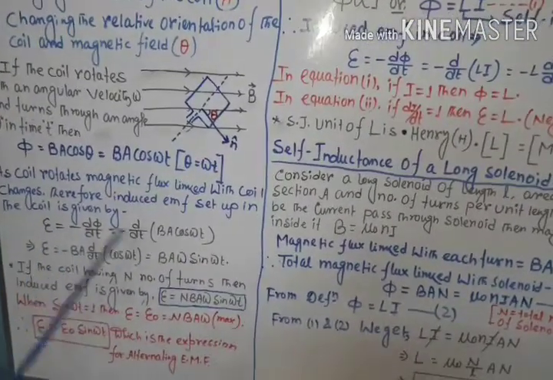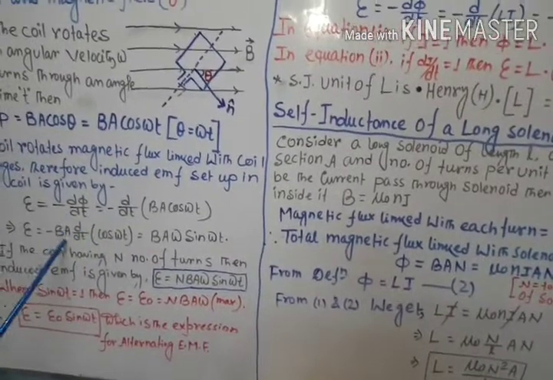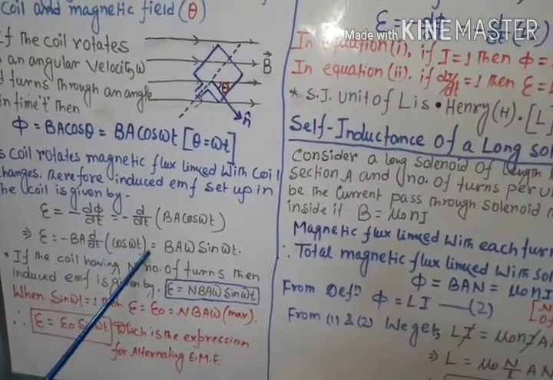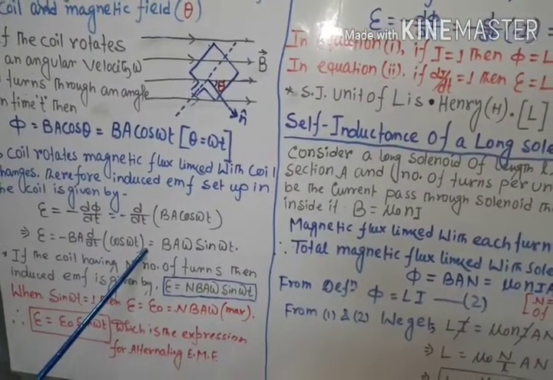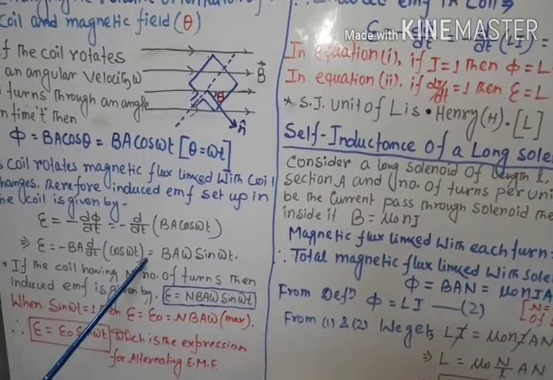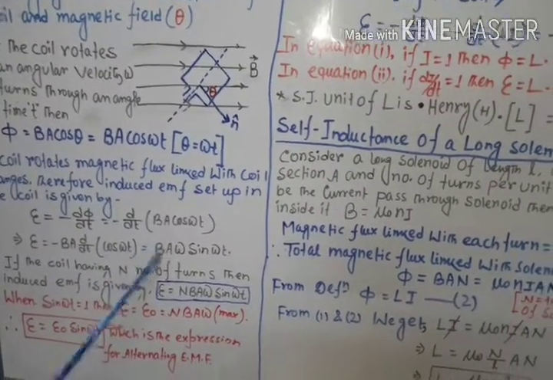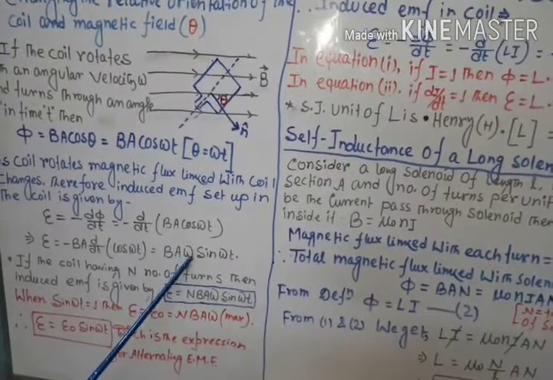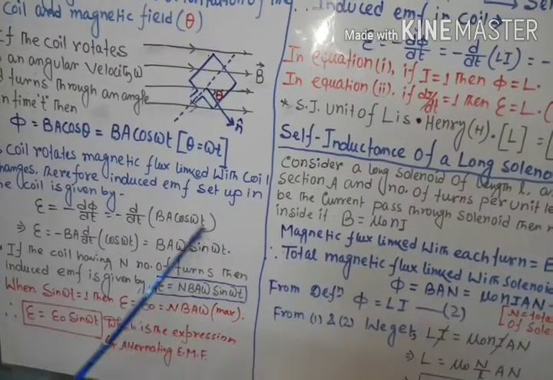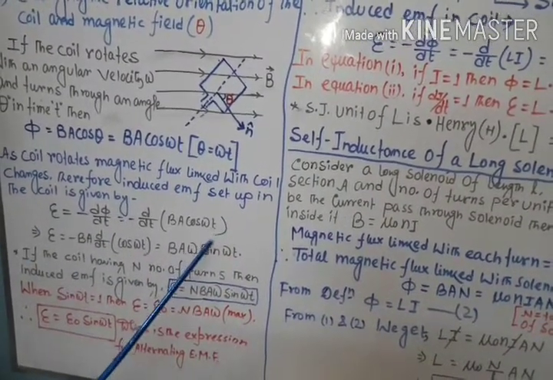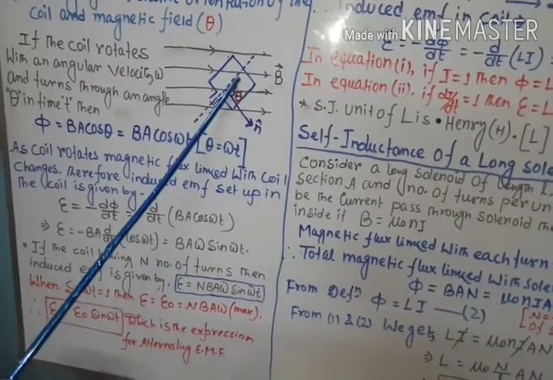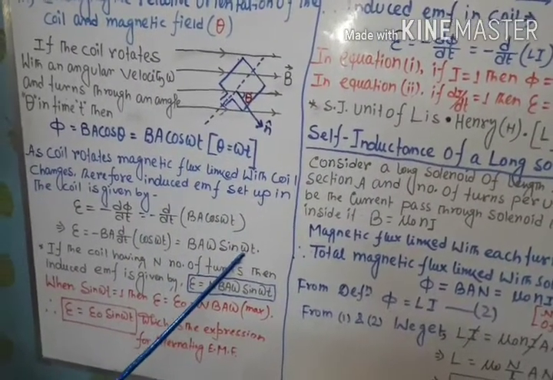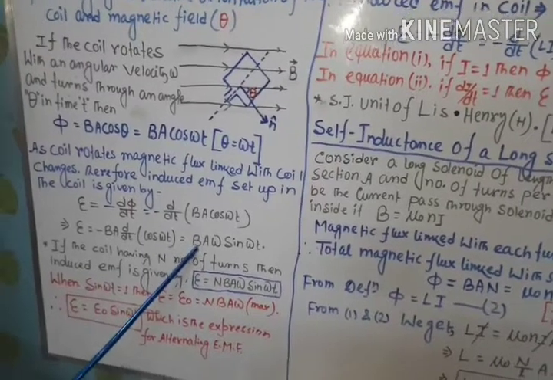Therefore E equal minus BA times d by dt of cos omega t. And remember the differentiation of cos is minus sin, so minus minus becomes plus: E equal BA omega sin omega t. This is the expression for induced EMF whenever a coil is rotated with an angular velocity omega in the magnetic field B.